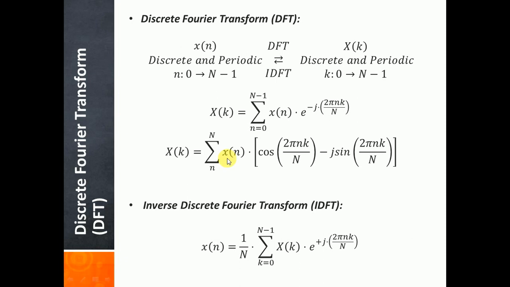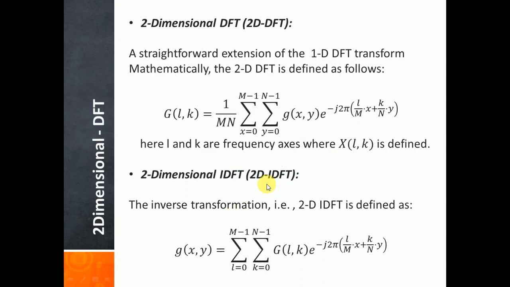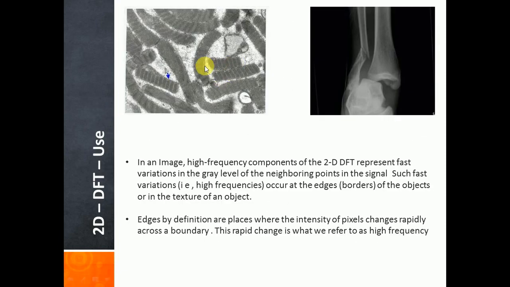Now, going back to this, the two-dimensional transform looks like this. This is a mere extension to what we've already seen. The whole point is the following. If you look at these images, this is your typical X-ray. This is a microscopic image.